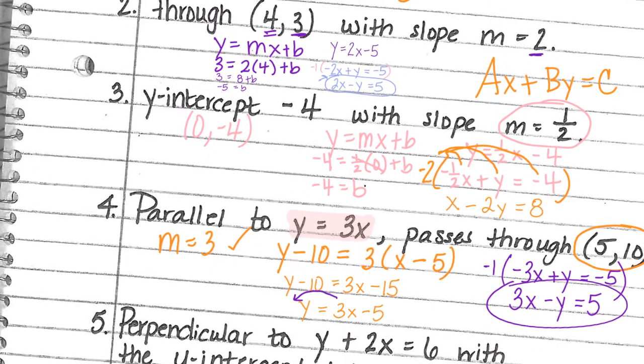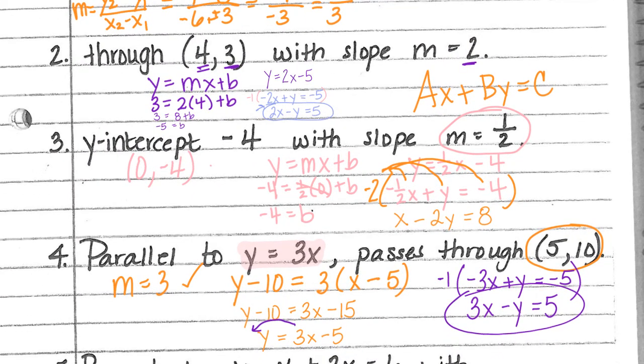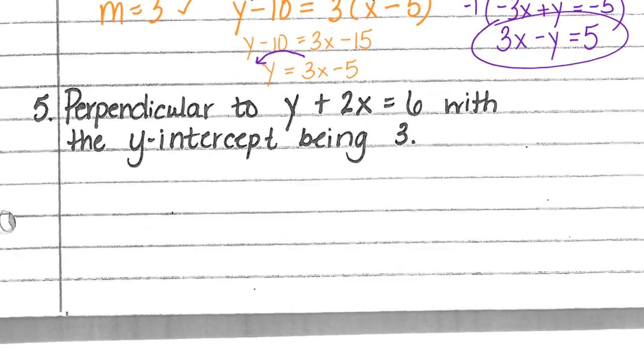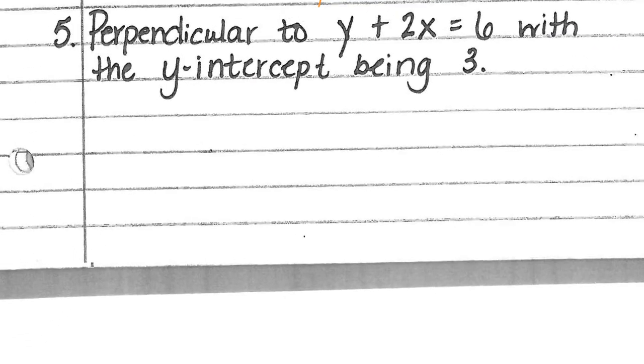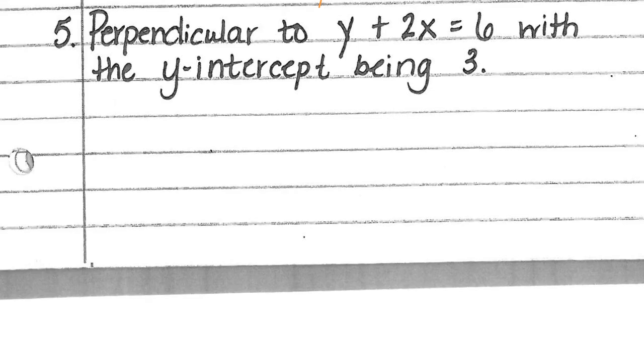So a parallel slope has the exact same slope, but a perpendicular slope does not. So this one says that it's perpendicular to this right here. Well, that is not solved for y. So the first thing I'm going to do is solve that for y.